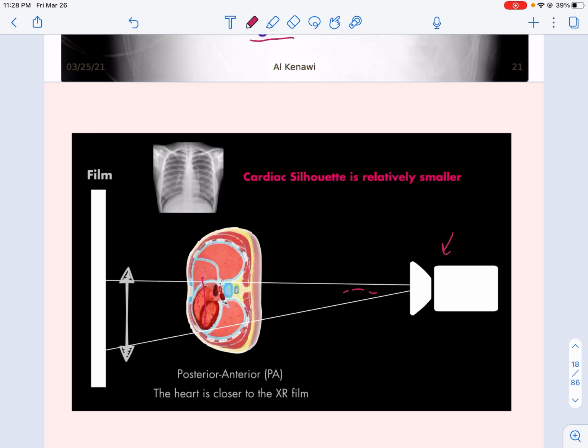If we have an X-ray machine and it has a beam, the beam will penetrate the back first, as we already said, and then the picture is not going to be magnified, or only slightly magnified. So if this is the size of the heart, it's going to appear like this in the film, and we get this picture.